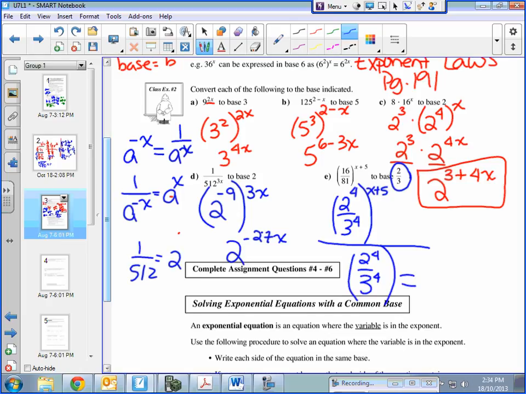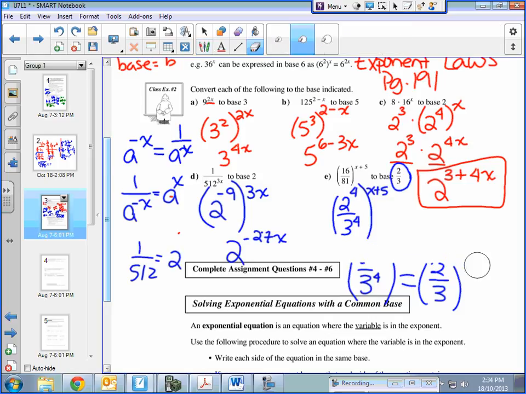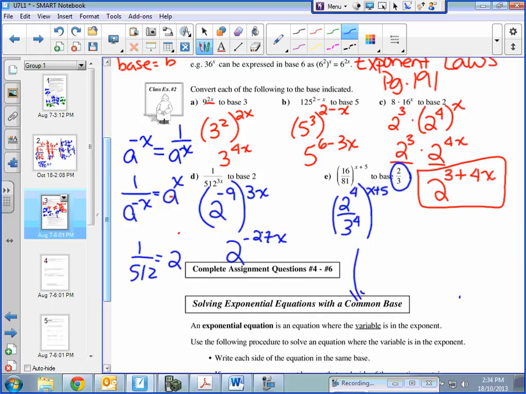I can rewrite this as 2 over 3 all to the exponent 4, because if you put it on the outside, it still goes to everything on the inside, so those two are equal. Knowing that, we can get rid of the 3 in the denominator and the numerator. So I can write this as 2 over 3 to the exponent 4, to the x plus 5.